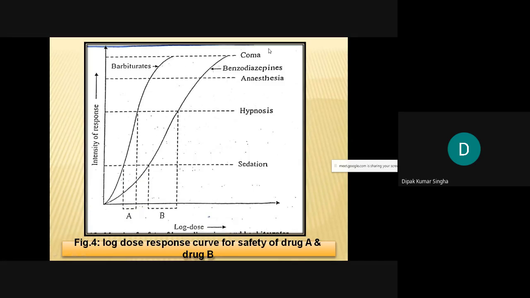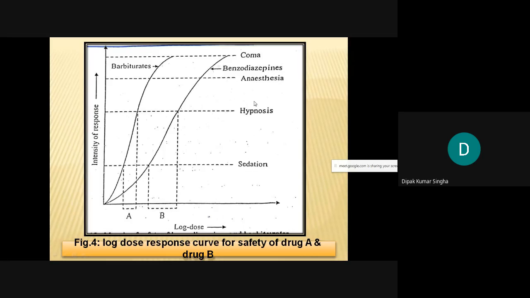So that's why in some patients, in a suicidal case or any time higher doses are used of sleeping pills, barbiturates like phenobarbital, pentobarbital, secobarbital, or benzodiazepine derivatives like diazepam, clonazepam. A certain dose has a certain effect.